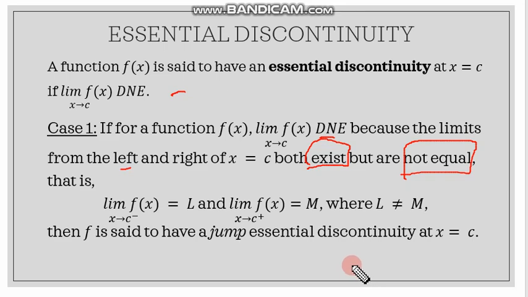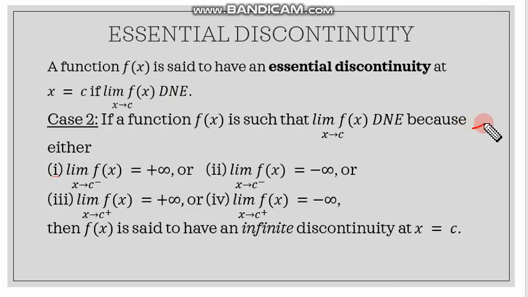That is, the limit of the function as x approaches c from the left has a limit which we call L, and the limit of the function as x approaches c plus has a limit which we call M. It means that they have an individual limit, but L is not equal to M. Then the function has a jump essential discontinuity at x is equal to c.